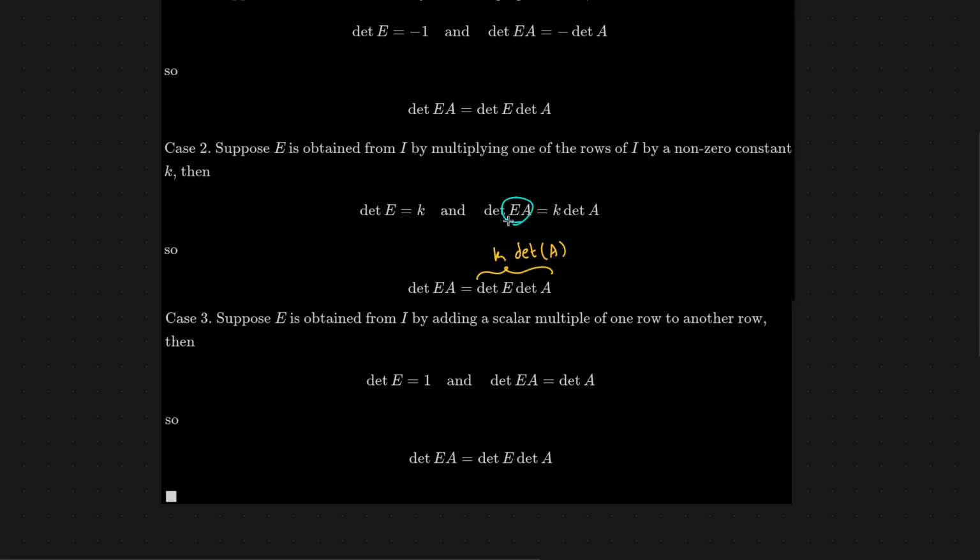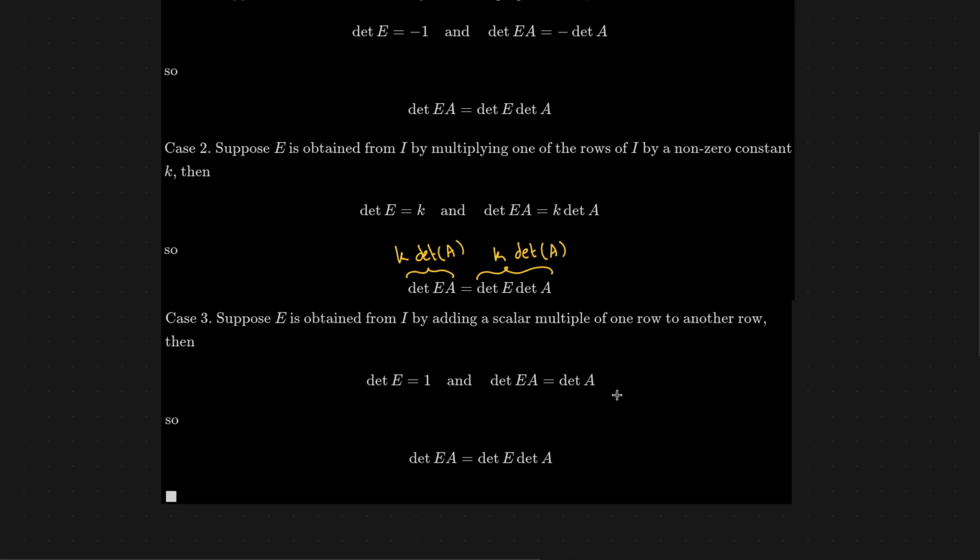So since this is equivalent to an elementary row operation, we can think of how the determinant is affected by elementary row operations. And so we know that if we're multiplying one of the rows of a matrix by a non-zero constant k, the result would just be the original determinant times the constant k, which means this will also be k times the determinant of A, and they are actually equal.